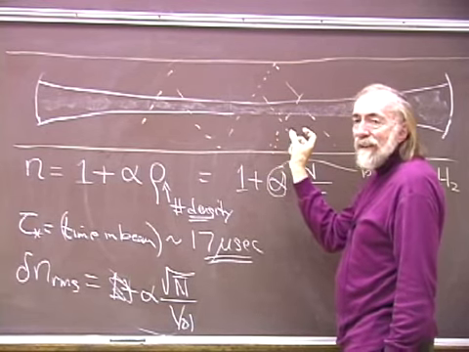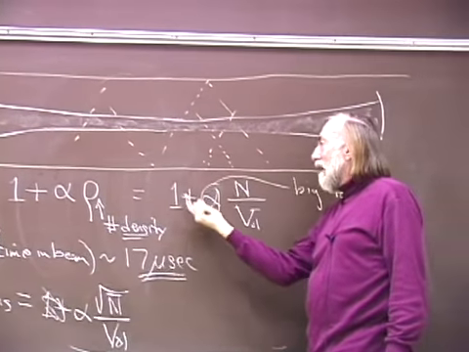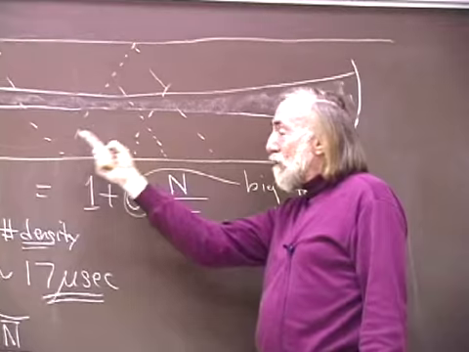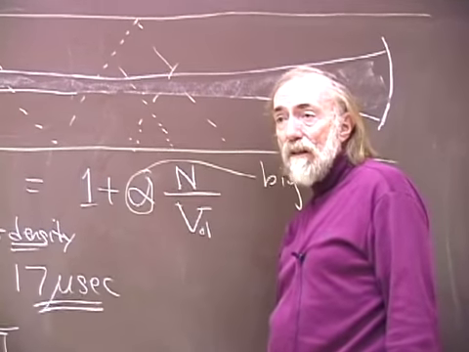And our periods are milliseconds, and the duration of the shots is something like one trip down the tube, something like 10 or 15 microseconds.